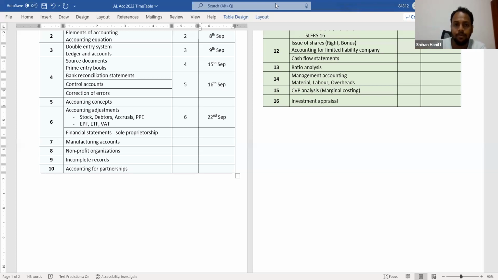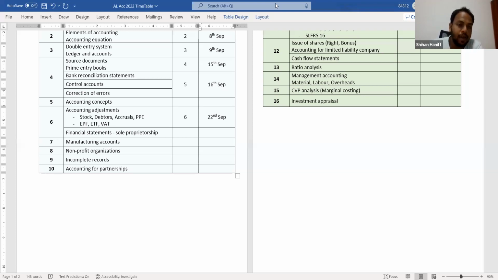This is the process of preparing financial statements. Up to the trial balance, you know the process. Once we identify the transactions from the source documents, we record the transactions in the first set of books, which is called the prime entry books.